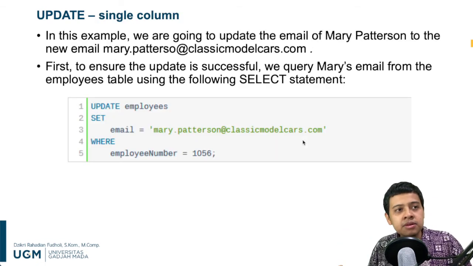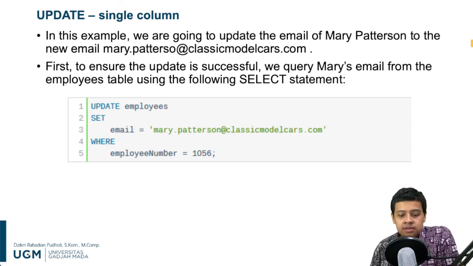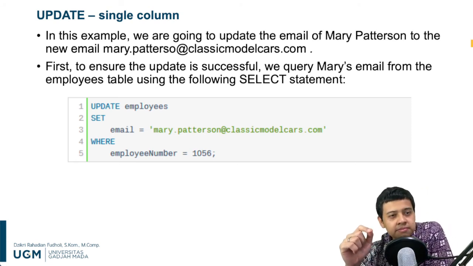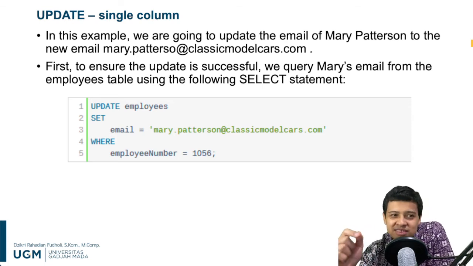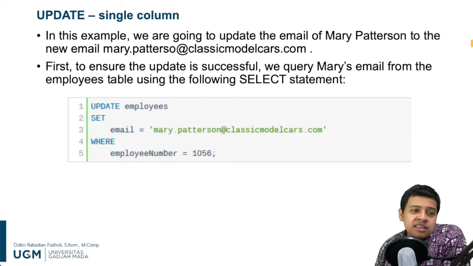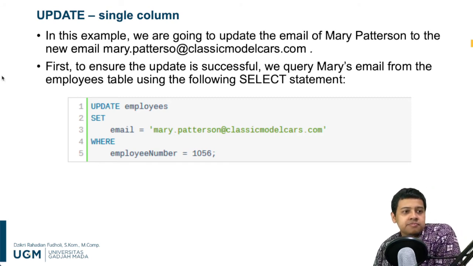Here are the examples. We are having the examples to give just a single column. In this example, we're going to update the email of Mary Patterson to the new email marypatterson@classicmodelscars.com. Here is the syntax. Update the table employees.